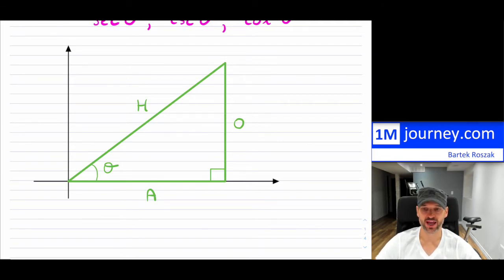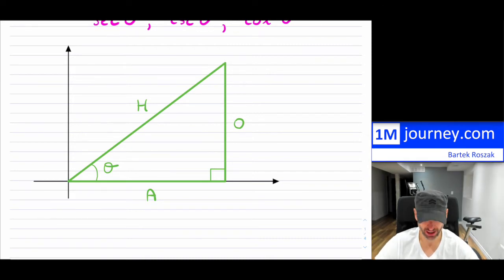And there is an acute angle within here. Now we want to define different ratios with these special words that we use, like cosine and sine and cotangent.